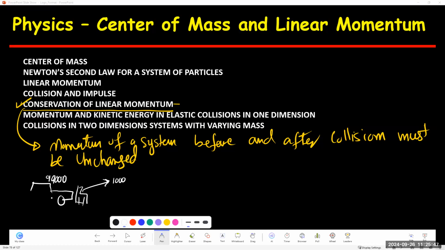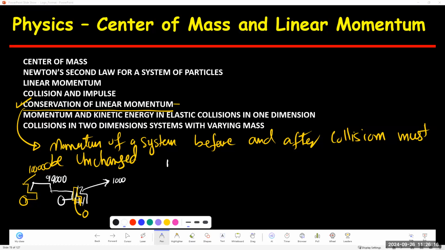But before the collision, when the car was here, the car momentum was 100,000, and the chair momentum, when the chair was here, I'm going to draw the chair maybe here, the yellow color means stationary, the chair momentum was 0. So I'm going to write this, and then we can see how the conservation of momentum can be written.